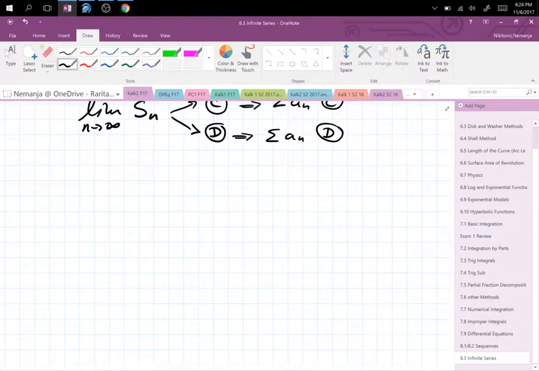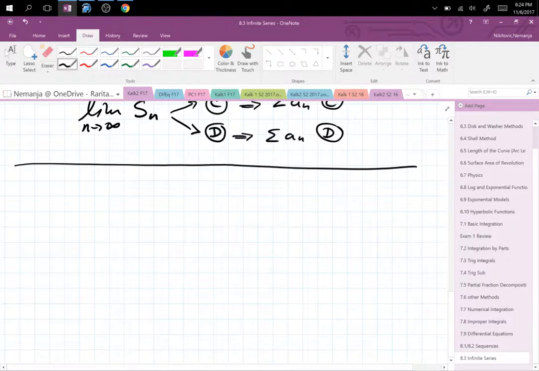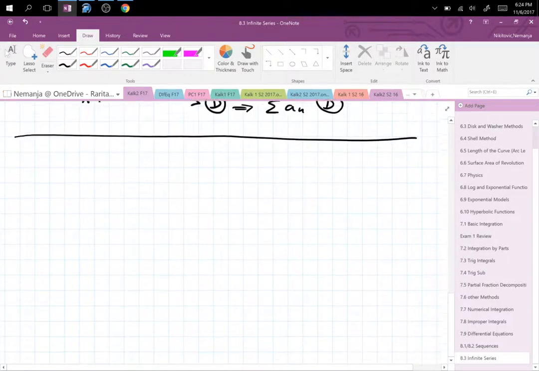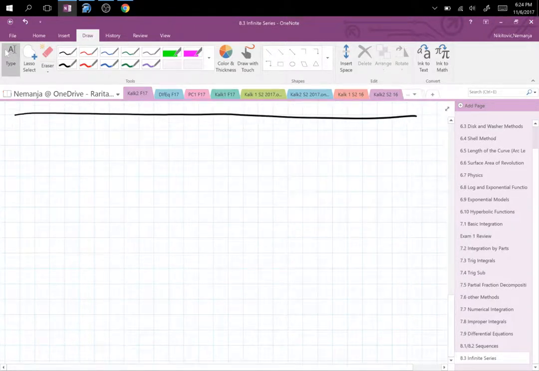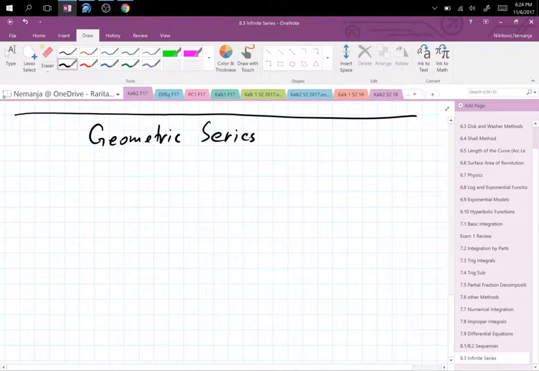So the first test that we are learning, the first out of 10, is the geometric series test. This is probably the easiest to recognize, or maybe second easiest, I don't know. So, geometric series test. Now I did tell you this earlier.